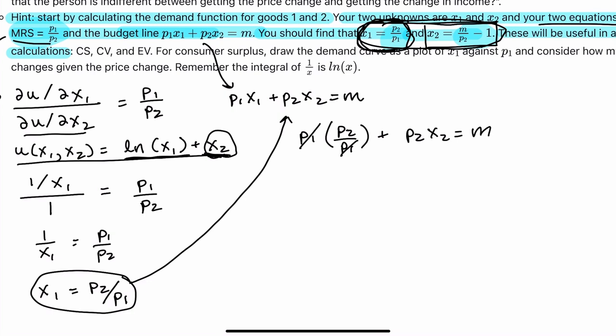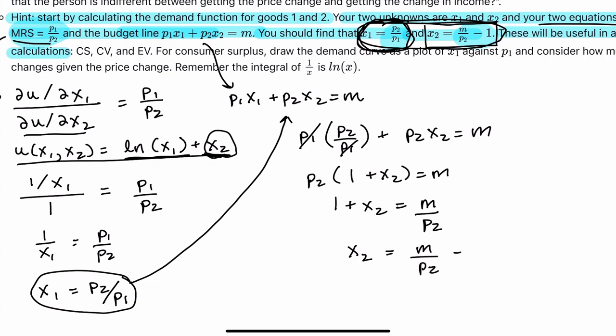The P1s cancel here, and I'll just pull out a P2. I'll say P2 times (1 plus x2) equals m. Divide both sides by P2, I'll get 1 plus x2 equals m divided by P2. And so x2 is m over P2 minus 1. And that is exactly what we wanted to show here.